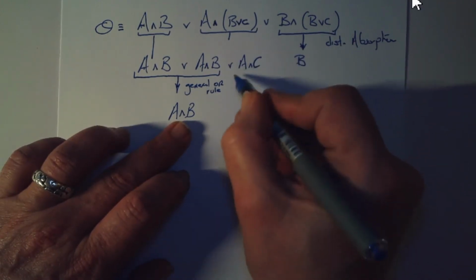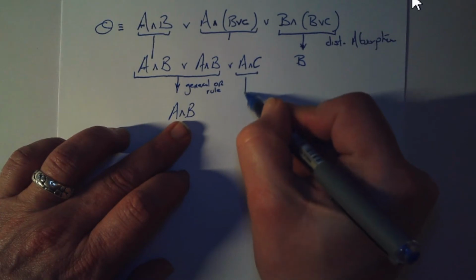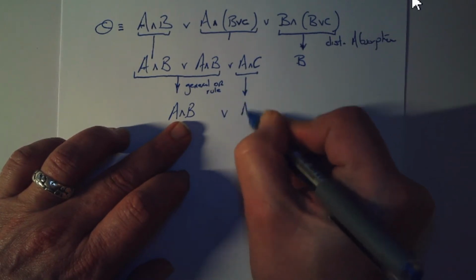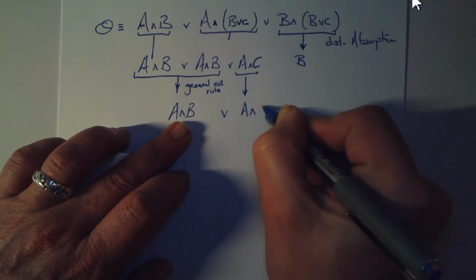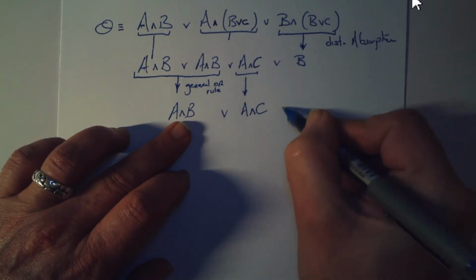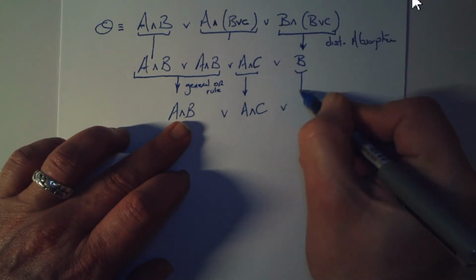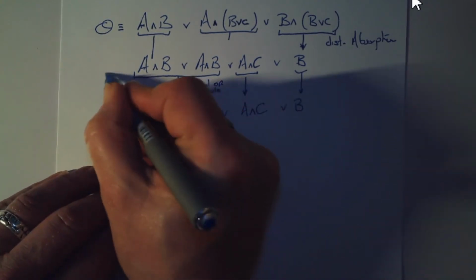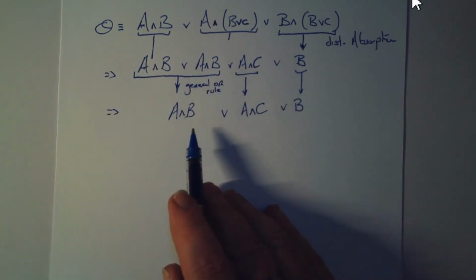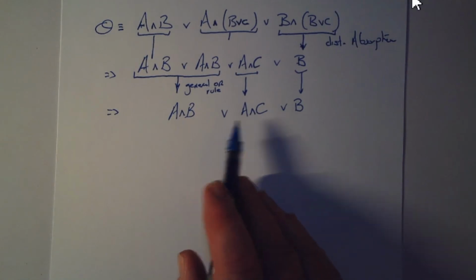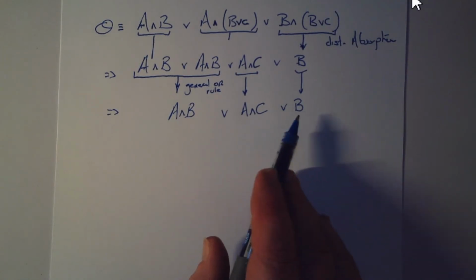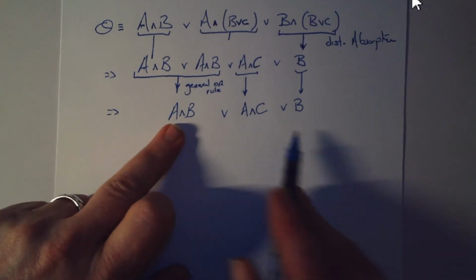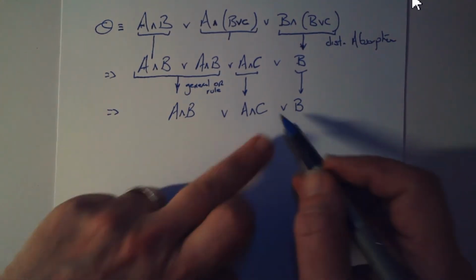Okay, we've got this one on the end here, so this is going to drop down to OR A and C, and then of course here we've got B, which I'm going to drop down here. So our next step in the working is to work with this expression here. We've got A and B, or A and C, or B. Now, because we've got no brackets around these, I can move my terms around.